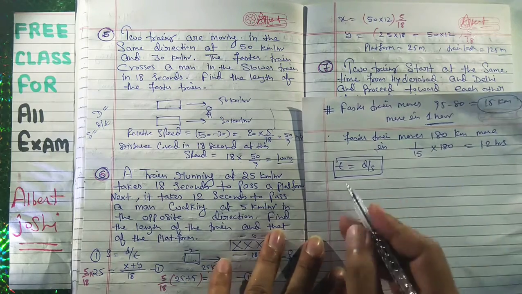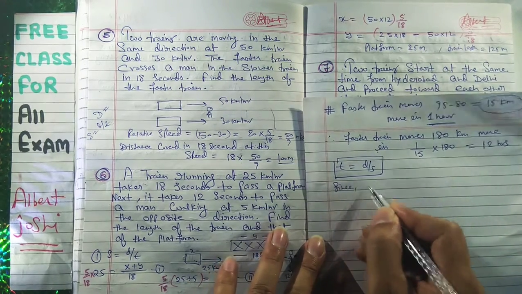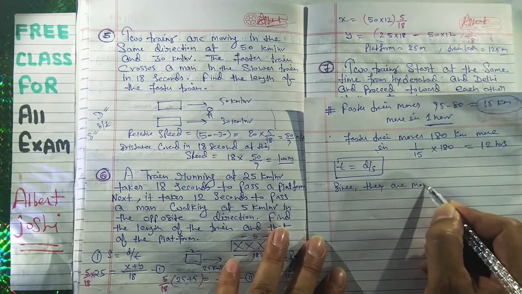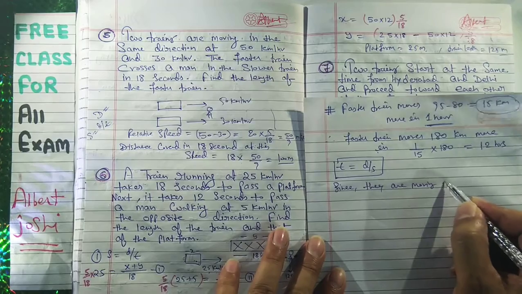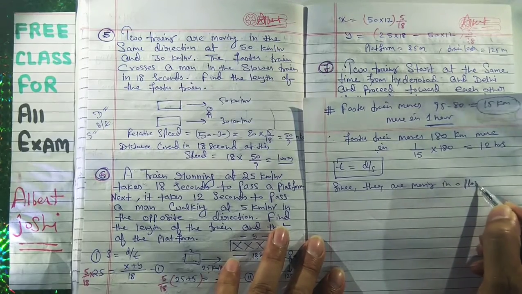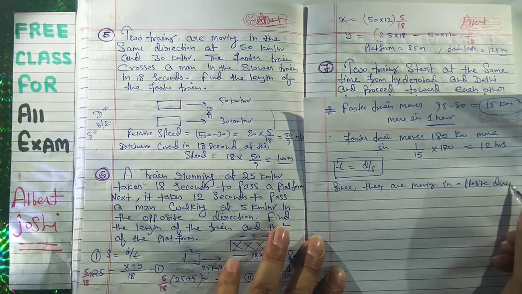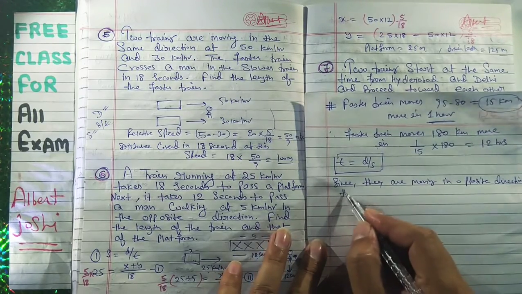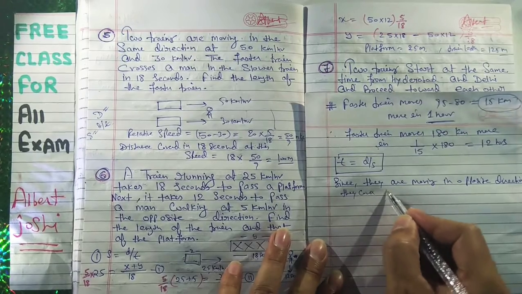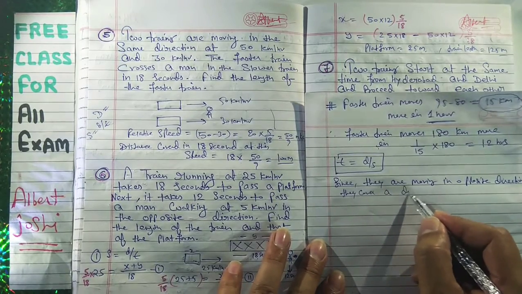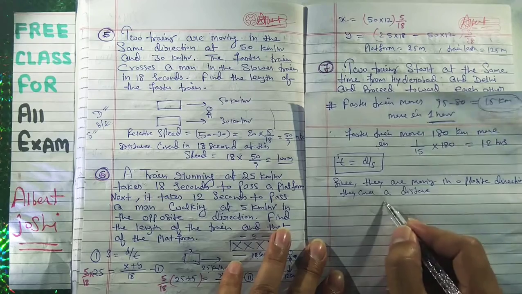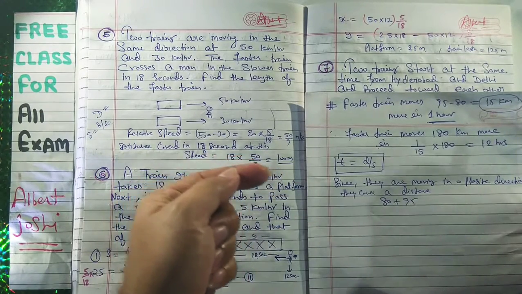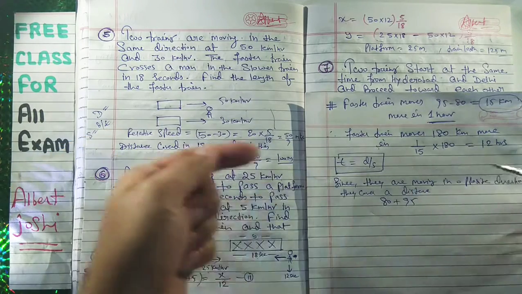Now since they are moving in opposite directions, they cover a distance equal to 80 plus 95. You know that whenever they are in opposite directions, you have to add.